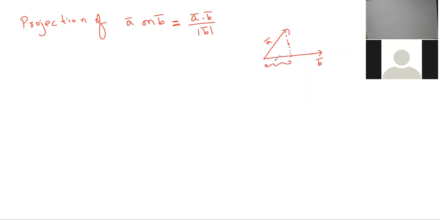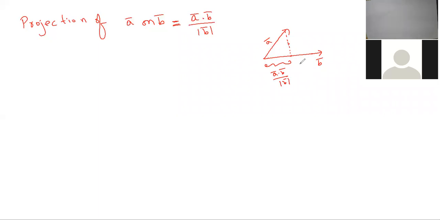I mean, the projection vector is this, and the magnitude of projection of A bar on B bar is this. Basically, this length is A bar dot B bar by mod B bar. So this is fine when A bar and B bar are lying on the same plane.